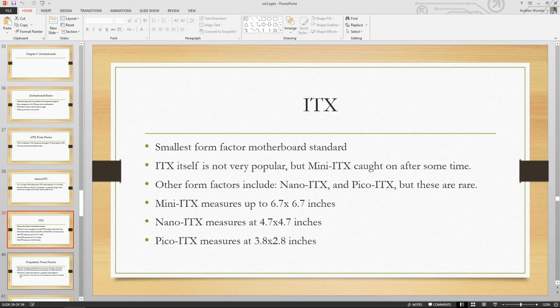You'll see Nano and Pico in really mini PCs. I mean, they're like this big. They're tiny, like the size of Raspberry Pis, essentially. Mini ITXs are probably about this big by this big. So they're really small. They're really nice if you can afford the CPU that goes along with it.